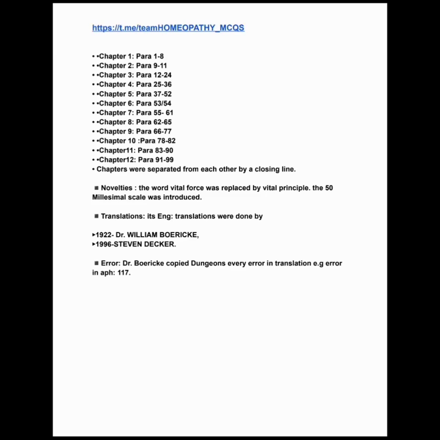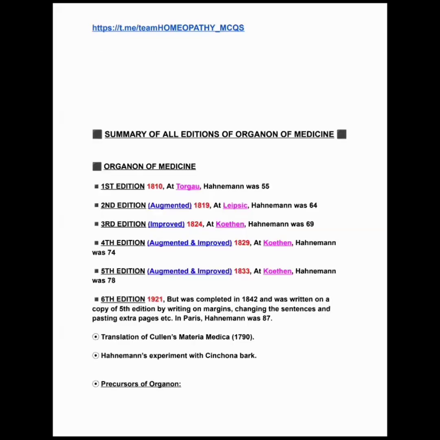ऑल 6 एडिशंस ऑफ ऑर्गनॉन के इम्पोर्टेंट पॉइंट्स। ये पॉइंट्स बहुत सारे क्वेश्चन पेपर से लिए गए हैं, ये आपको सभी याद रखना है। इनमें से क्वेश्चंस अक्सर पूछे जाते हैं। अब हम बात करेंगे समरी ऑफ ऑल एडिशंस ऑफ ऑर्गन ऑफ मेडिसिन। तो ऑर्गन ऑफ मेडिसिन फर्स्ट एडिशन published in 1810 at Torgau.